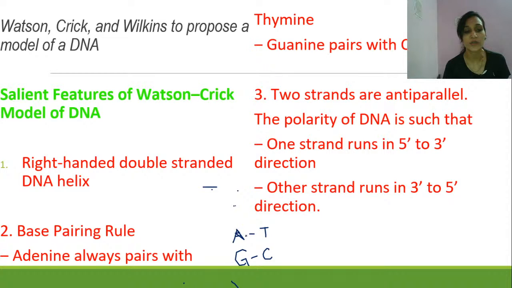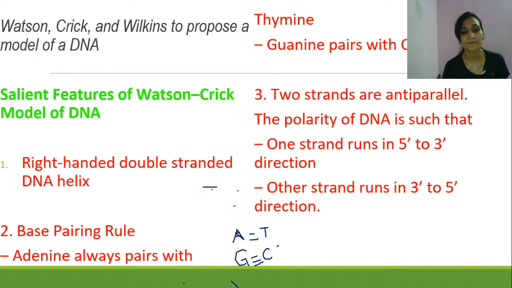So these hydrogen bonds are present as a doublet between A and T, and as a triplet in the case of G and C. So adenine and thymine are bonded by double hydrogen bonds, and guanine and cytosine are bound by triple hydrogen bonds. As we have seen, it is double helical in nature.